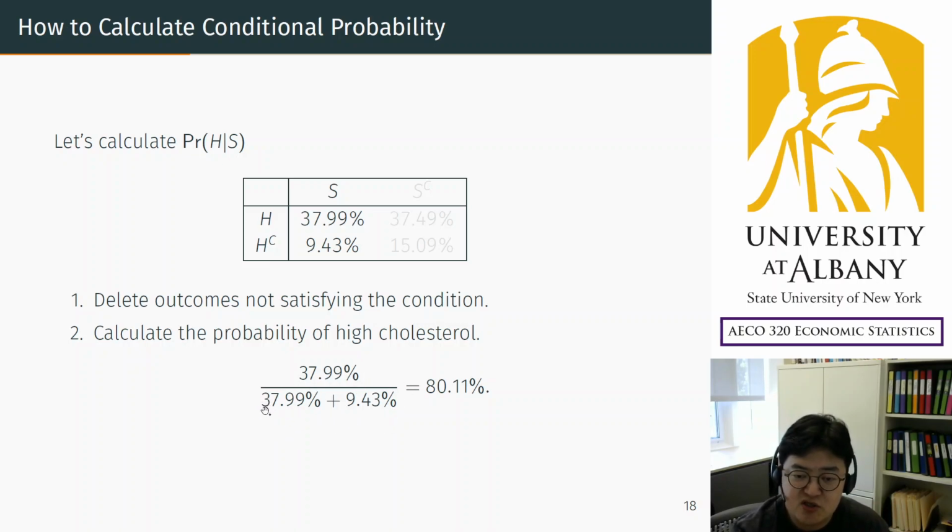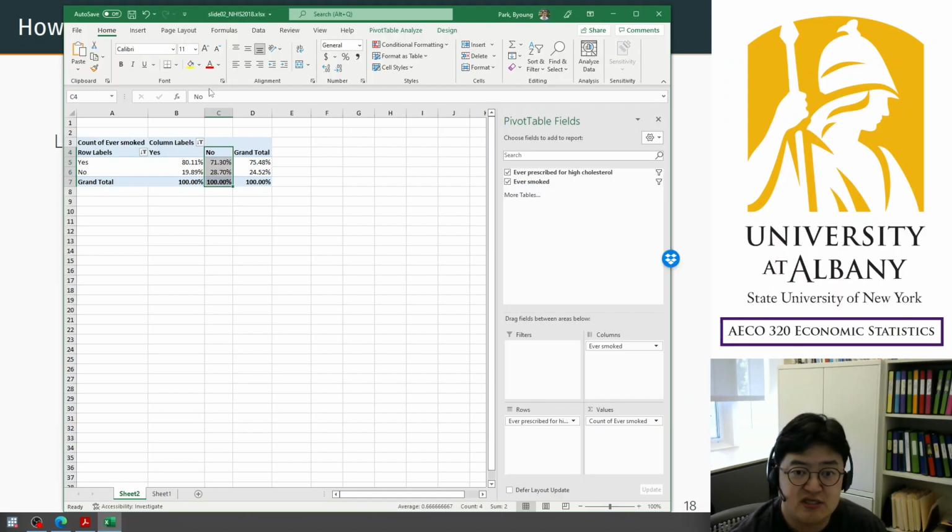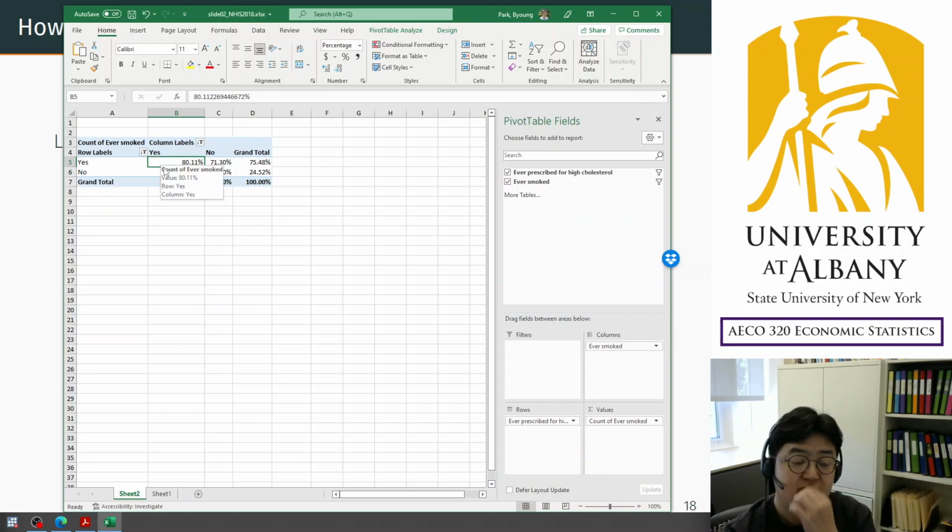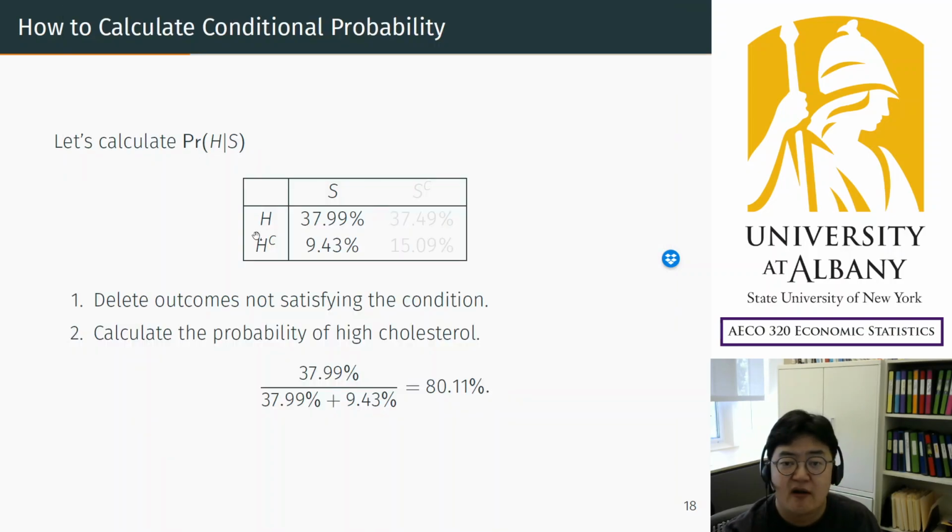So this percentage of people are smokers, and out of them, only this much have high cholesterol. If you calculate these numbers, you get 80.11%, which is exactly this number. That's how we calculate conditional probability from joint probability.